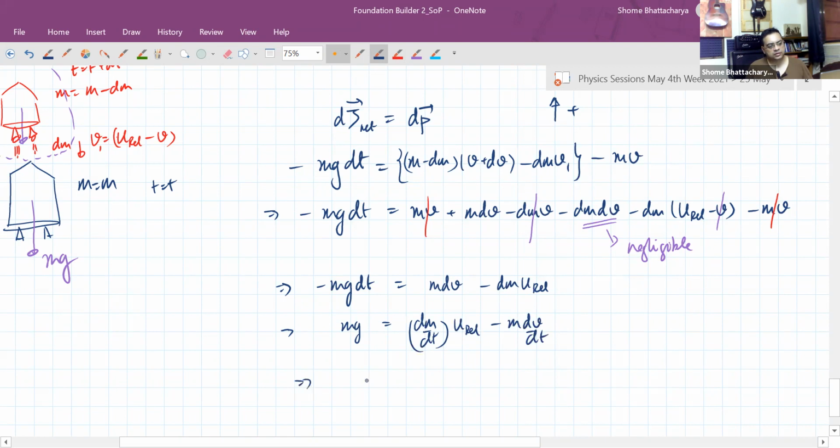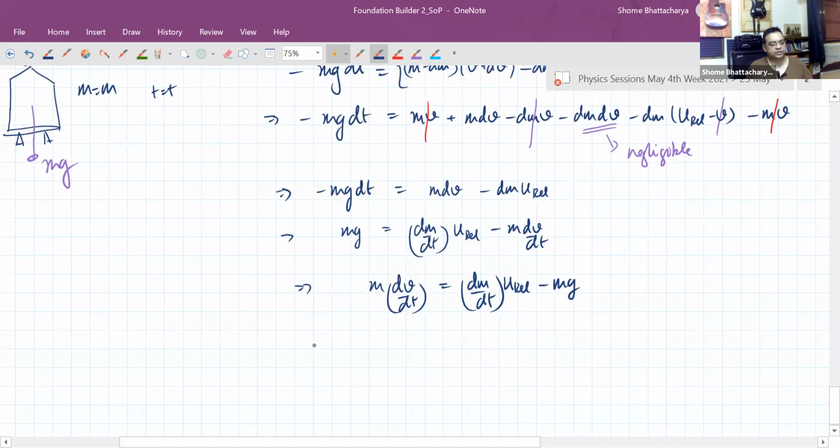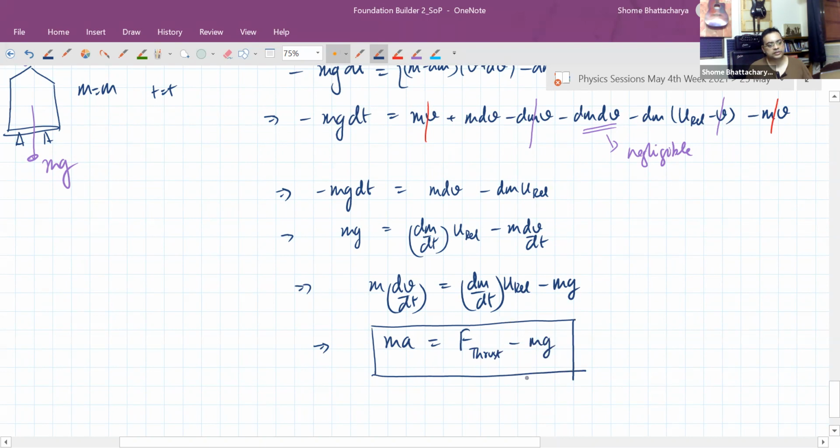So it's like instantaneous mass into instantaneous acceleration is equal to this term, the thrust force that we had discussed about last time, but minus mg, because this time there's the additional force also. So the gravitational force, which is going against your acceleration. So this is like your instantaneous mass into acceleration is the thrust provided by the rocket engines minus the weight of the rocket, because you still have to overcome the weight of the rocket at the Earth's surface.